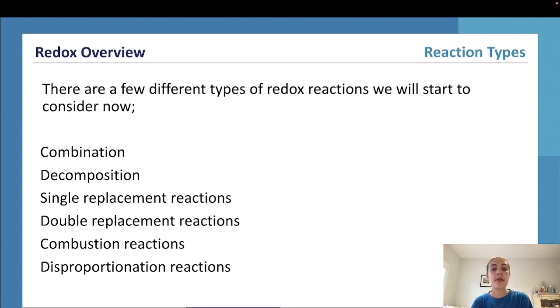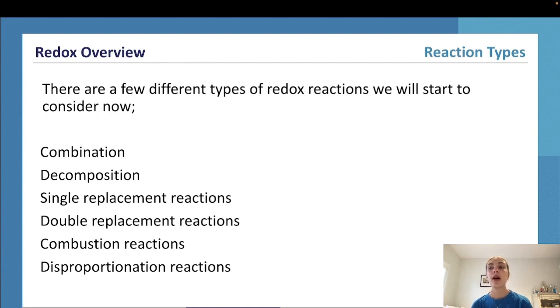So there's quite a number of different redox reactions which we need to consider. So we've got our combination reactions, our decomposition reactions, single replacement or single displacement reactions, double replacement or double displacement reactions, combustion reactions, and disproportionation reactions.